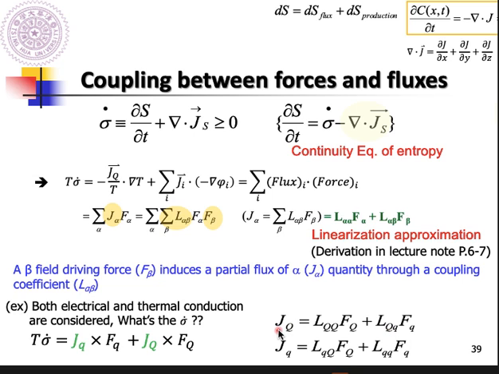Based on these two relationships, we can know the heat flow and the current density. Then we just substitute into this equation, and we can know the entropy production rate in this system.